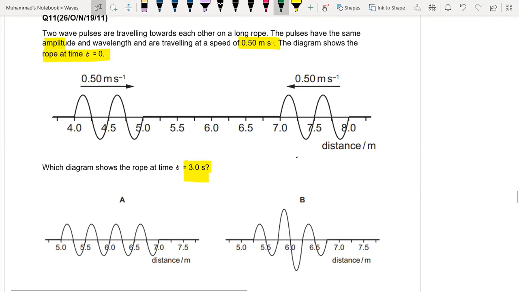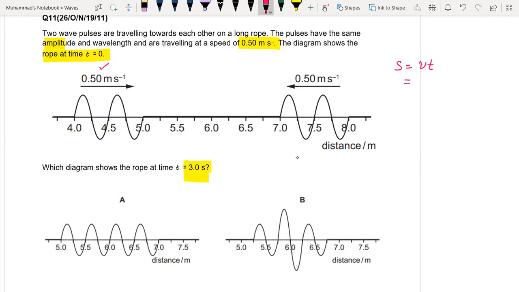So if we know the speed of the wave and we want to know how much distance these two waves will cover in 3 seconds, you know that distance is speed into time.